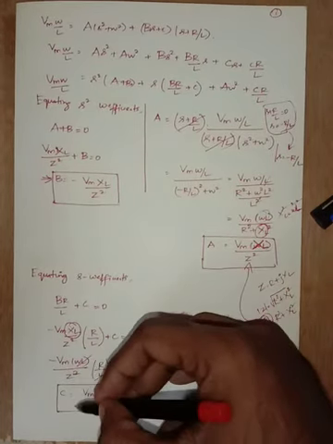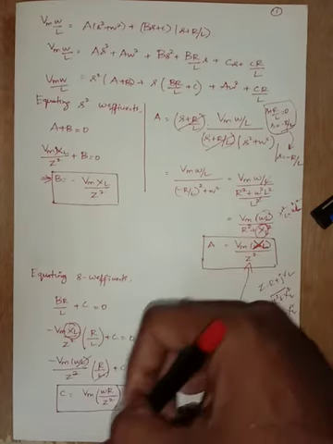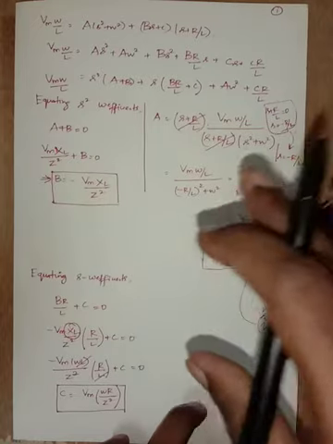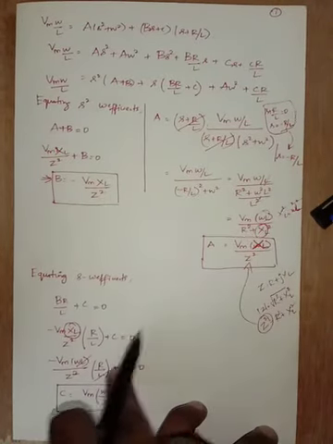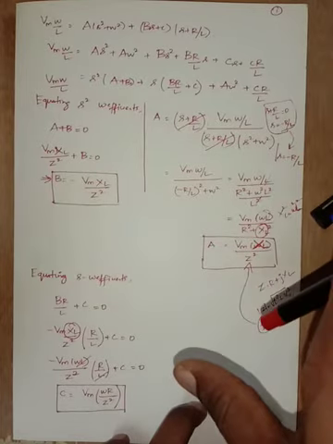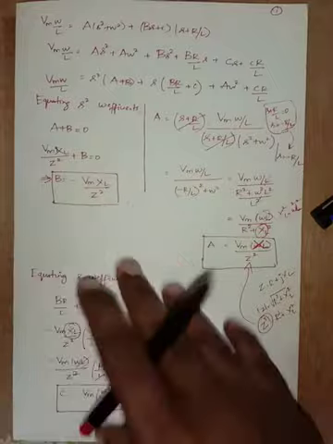So finally C is equal to Vm omega R divided by Z square. This is the value of C. So we have got A, B and C using partial fraction expansion: A using simple formula substitution, and B and C by equating the coefficients.